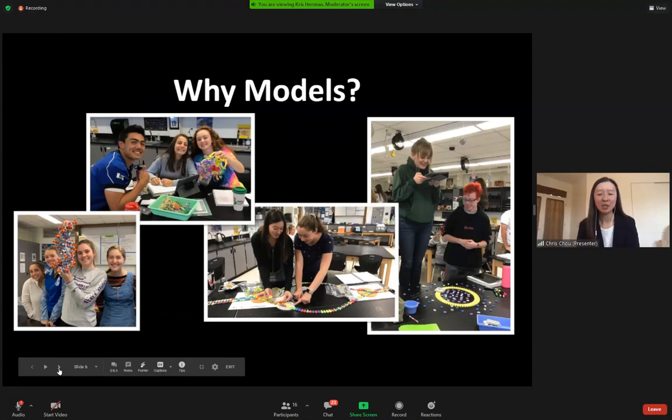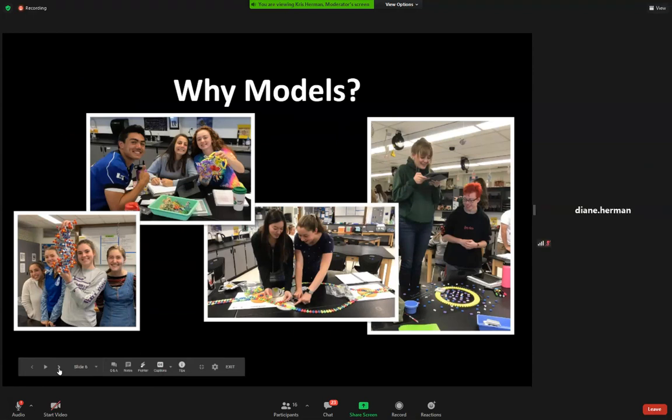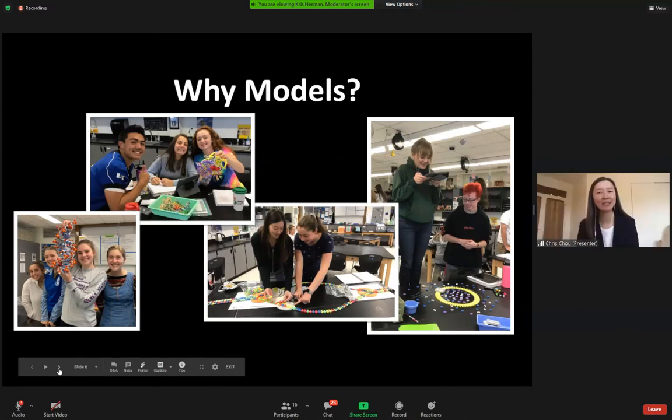As I mentioned earlier, I have been utilizing products from 3D Molecular Designs for the last 7 or 8 years. Through the course of these years, I slowly accumulated some of the different kits that they have. The ones that I'm showing in this picture are my actual students from last year before we went completely virtual. You can see that they're working in groups. There's smiles on their faces. They're also laughing at how Mrs. Chou is just a paparazzi taking all these pictures, but they love getting their hands on these physical models.